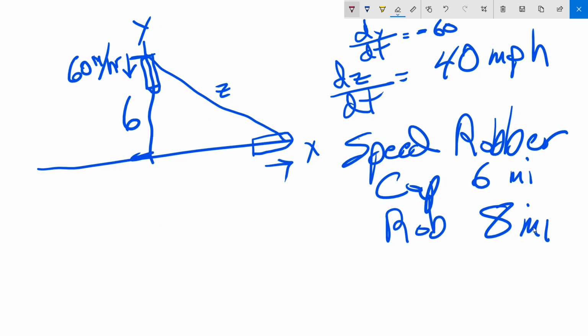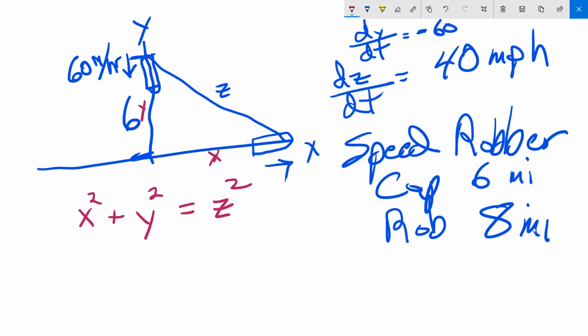Well, let's first just model the picture. That's x, that's y, and that's z. Write an equation that relates those. Z squared equals 6 squared plus 8 squared. Write it as variables: x squared plus y squared equals z squared. Because the next step is to differentiate it, not to plug it in.